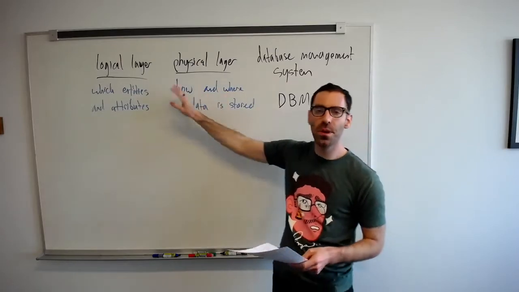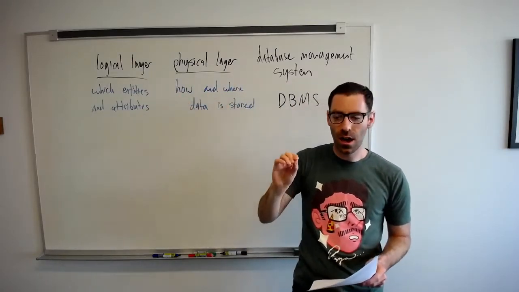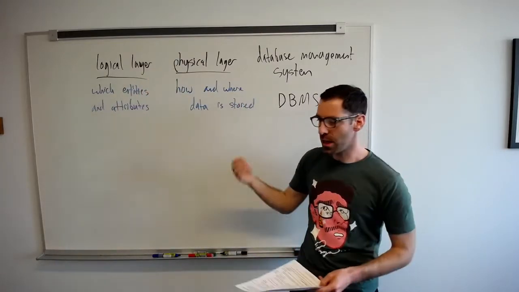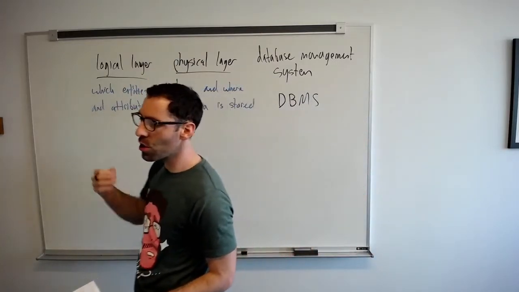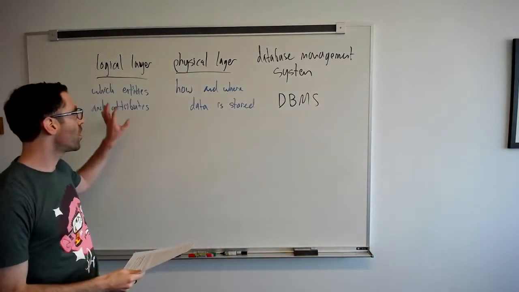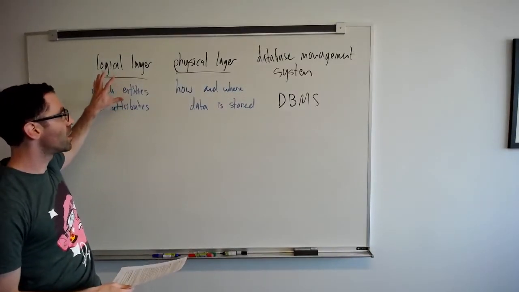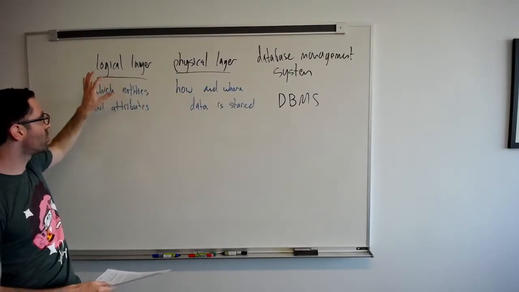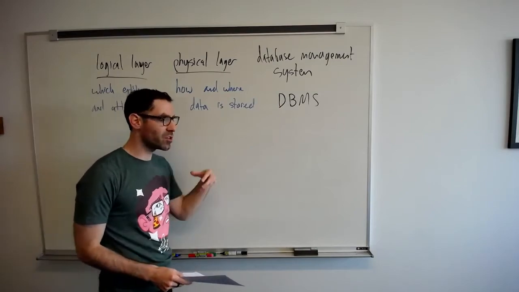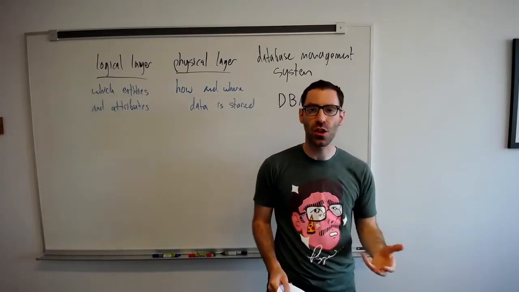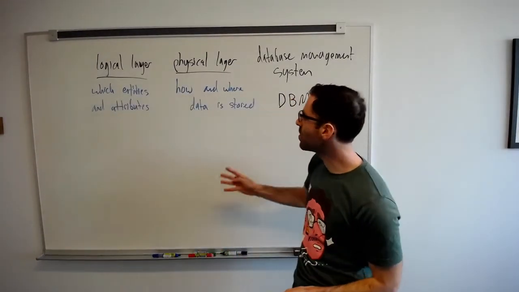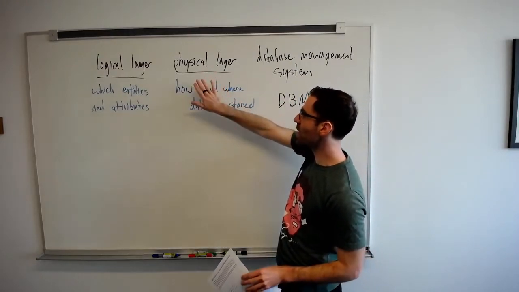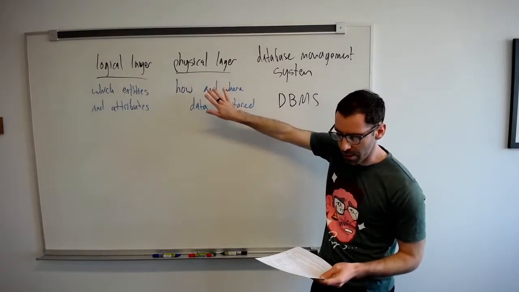And I bring this up because early in database systems, these two layers were tightly coupled. The logical layer was intertwined with the physical layer in that when we were describing which entities or what operations we wanted to perform with our database, it had to make strong assumptions about the physical layer.